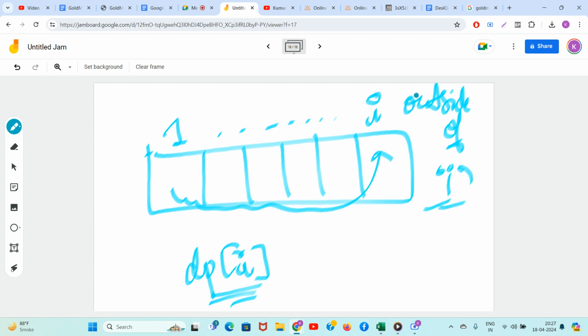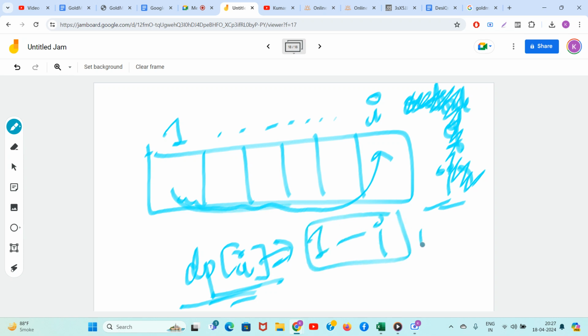Let's keep things simple now. Let's define our DP of I as the best way to reach from 1 to I in minimum cost. You don't need to calculate for outside. That will automatically be calculated depending on our case. For example, if this is the definition, guys, what will be the final answer?